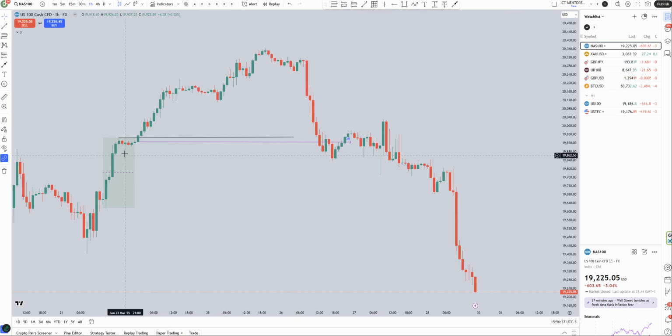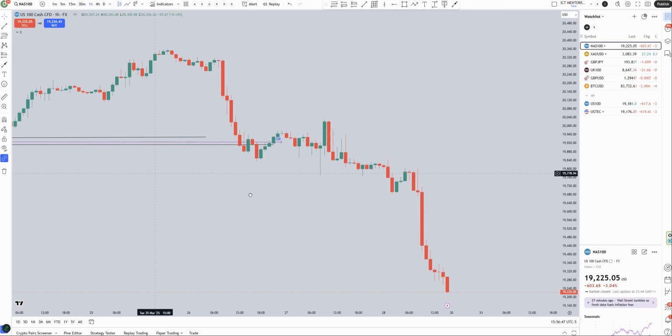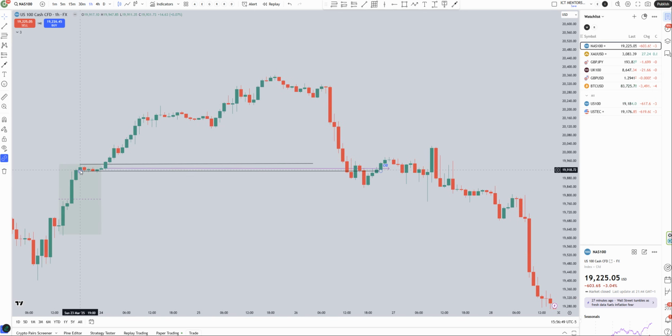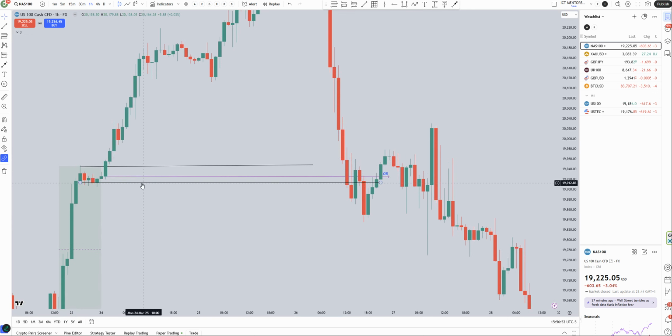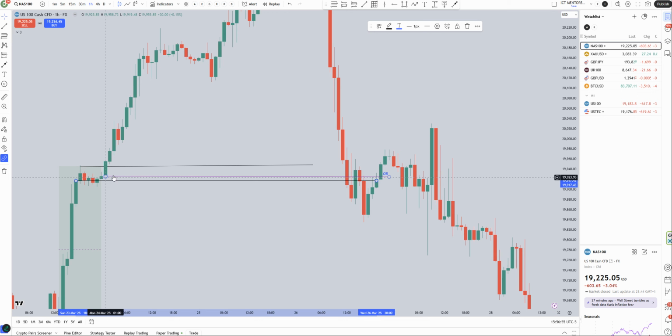OB. Then what else do we need? We need a close below this last. Actually, it was this guy. So we already had the close. So before our OB was confirmed, we already had a close below the last candle in the expansion. So all I'm waiting for in this instance is a close below this.